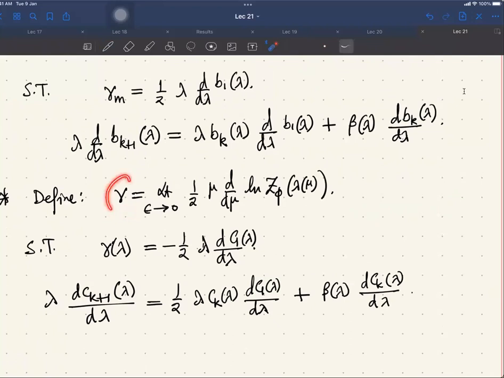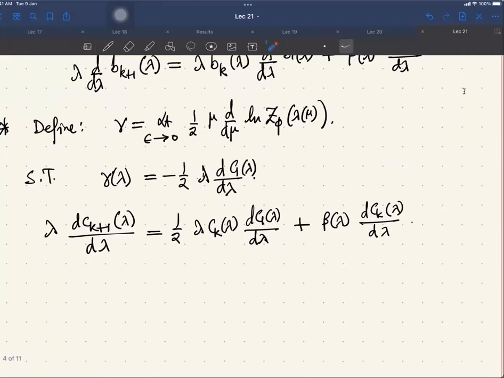We will see that it is like the anomalous dimension per external leg of a proper vertex, and that also flows with the coupling and the scale, and that flow is determined by this equation.